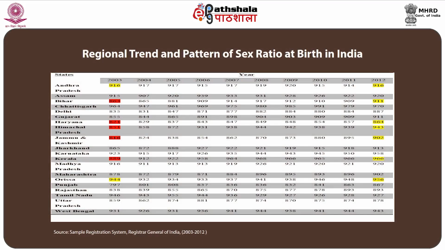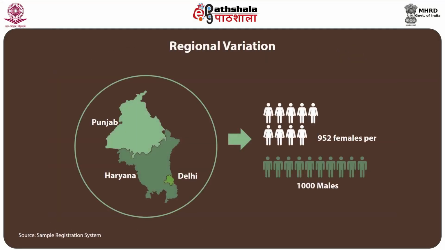We would also see a very significant regional variation in sex ratio at birth across states in India. There are pockets of discrimination against females if you look at the sex composition of the population, and particularly the sex ratio at birth. The sex ratio at birth has been very significantly lower in some parts of the country, particularly in the pockets of Punjab, Haryana, Delhi, where the patriarchal norm has been very prevalent compared to other parts of the country.